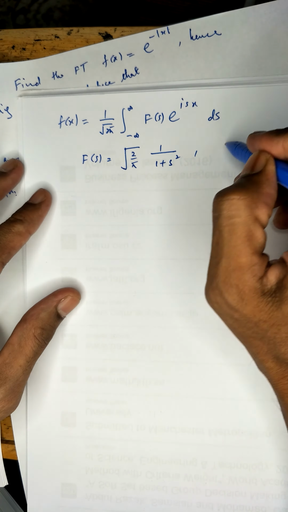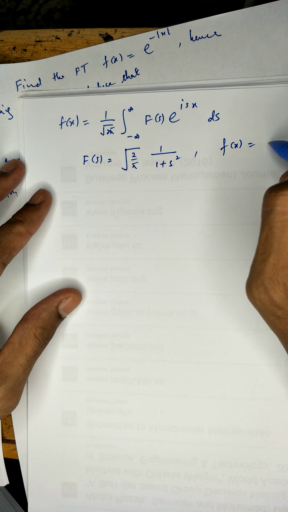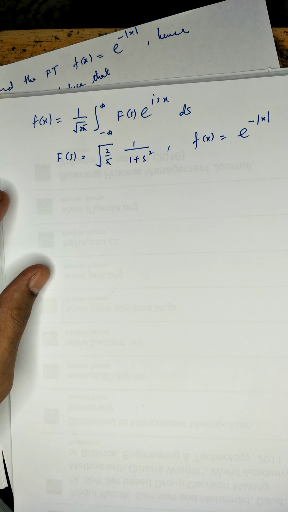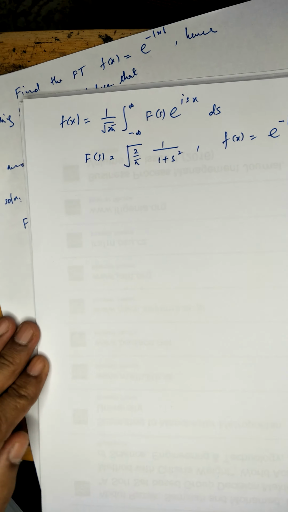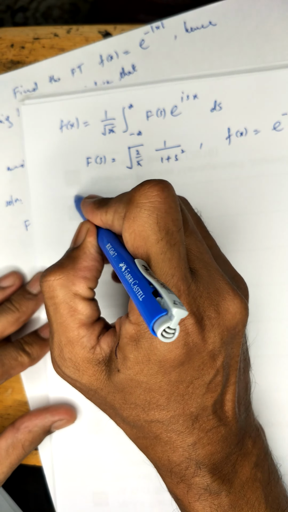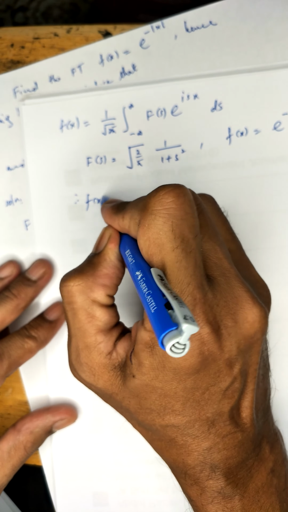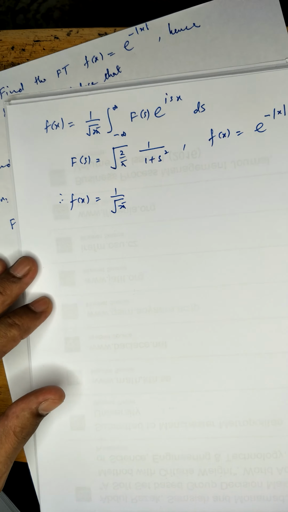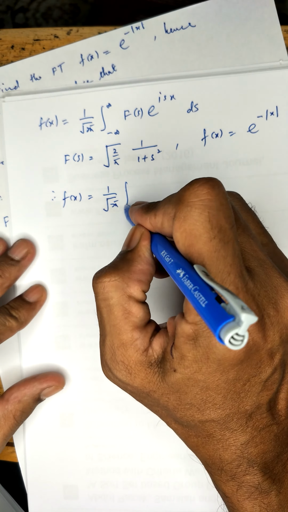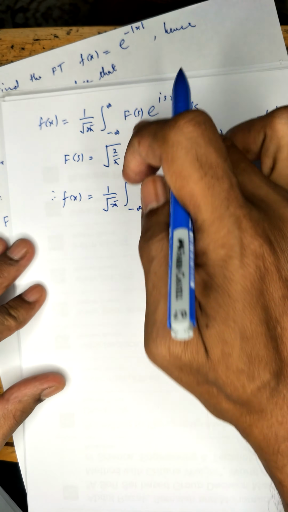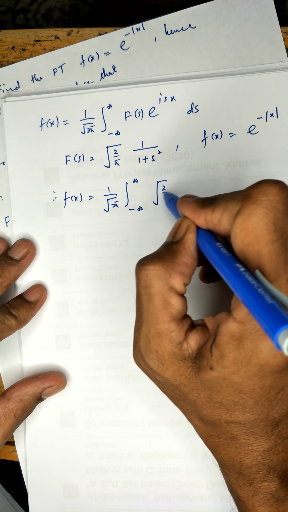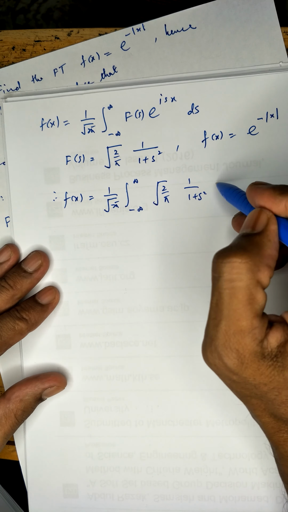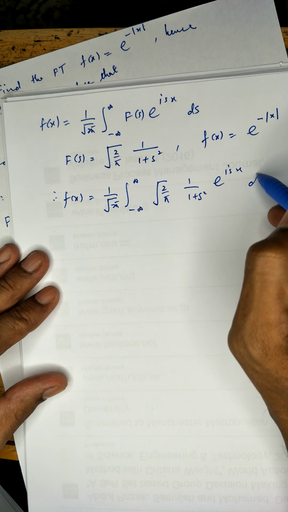Remember that our f(x) is e to the minus magnitude of x. If you substitute there, therefore f(x) is equal to 1 over square root of 2 pi, using the definition of the inverse Fourier transform, the integral from minus infinity to infinity of square root 2 over pi, 1 over 1 plus s squared, e to the i s x ds.